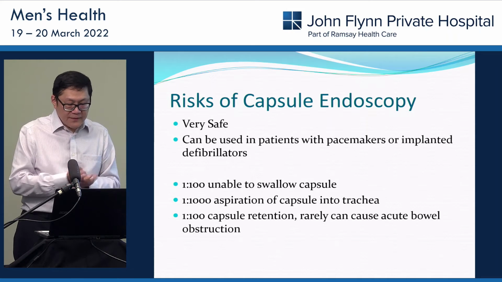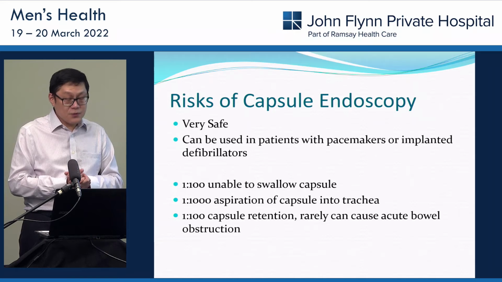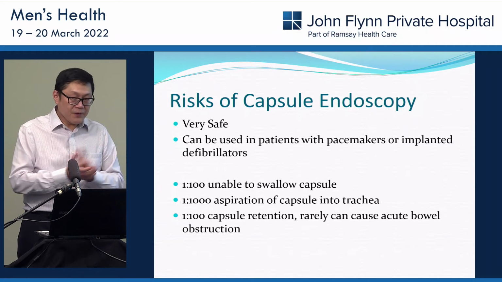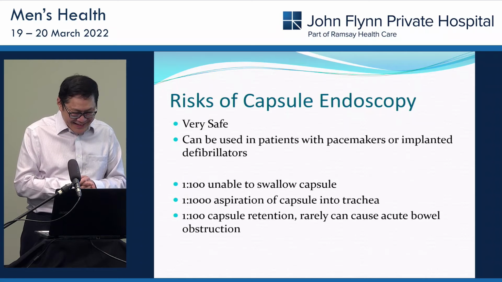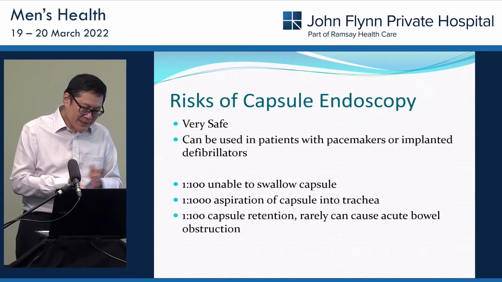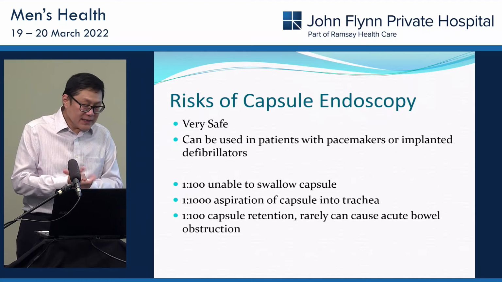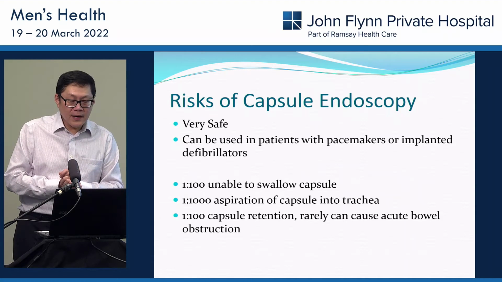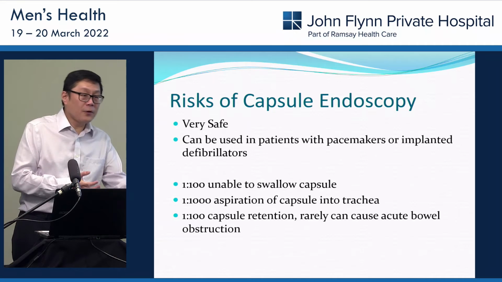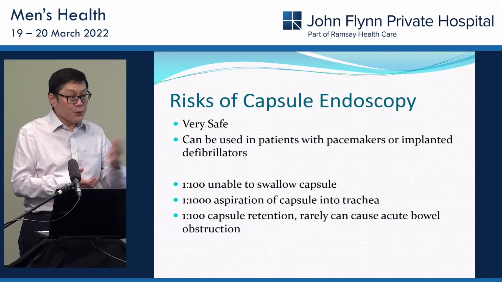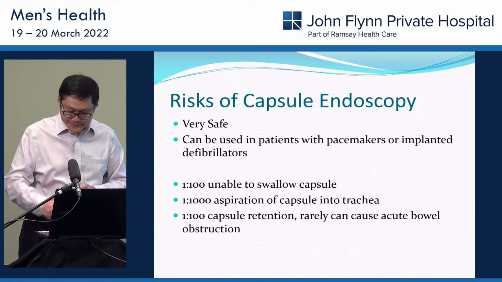There's a small risk of aspiration of the capsule. Obviously, this is again in patients with disordered swallowing. I've never had to perform a Heimlich procedure for any patient encountering this. There may be a 1 in 100 risk of capsule retention, and rarely that can cause bowel obstruction. Therefore, in patients considered high risk, I would perform the patency capsule first.